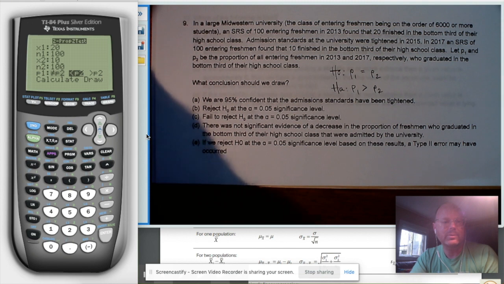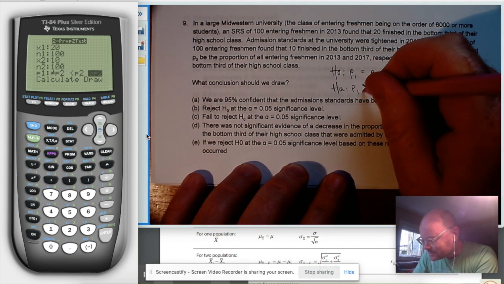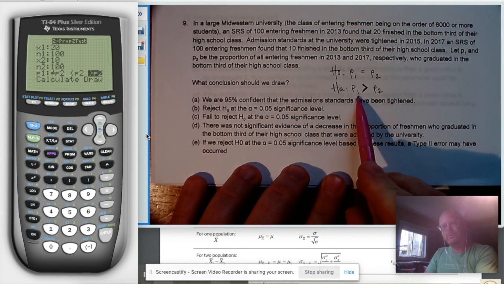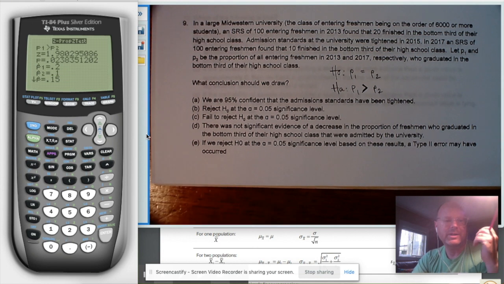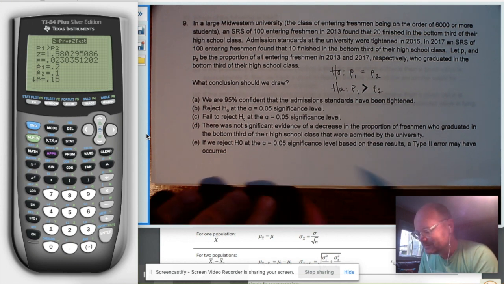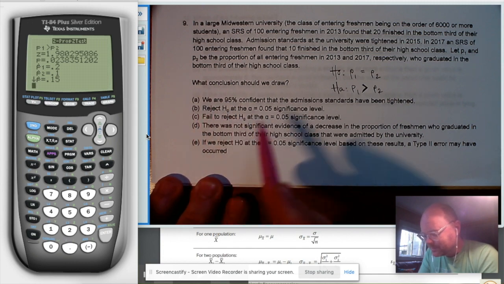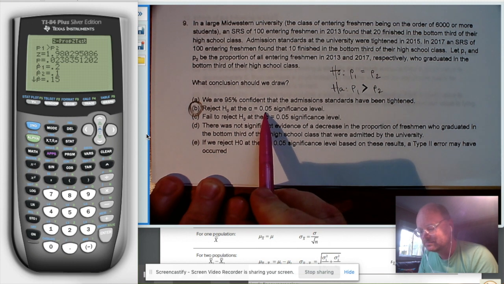And we think that the first proportion is greater than the second one if the admission standards have tightened. So I calculate, and I get a test statistic of 1.98. The p-value is 0.02. Is that low enough to reject the null hypothesis? Well, it is at the 5% level. So this looks like the correct decision. Reject the null hypothesis at the 5% level.